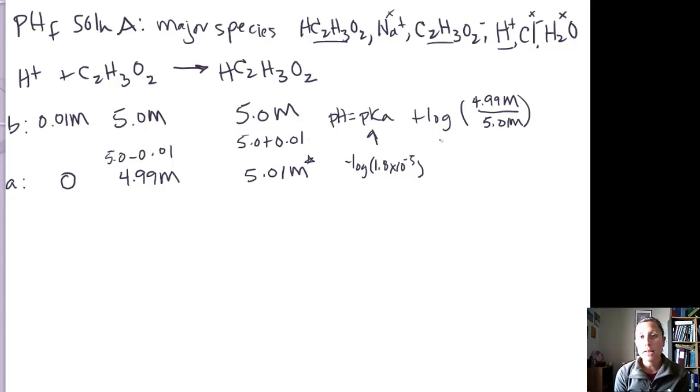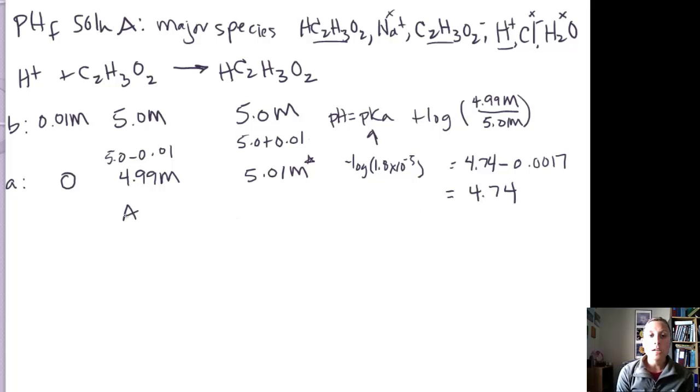And if we do some math here, we know that negative log of the 1.8 times 10 to the negative fifth is the 4.74, and then the log of our ratio is 0.0017, and so really, since this is so tiny, we're just going to get 4.74.